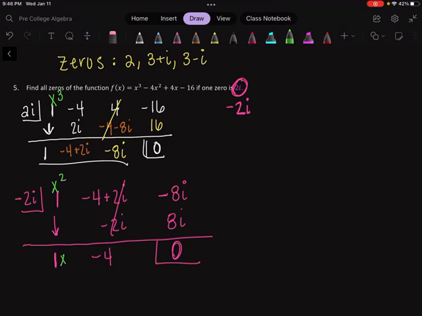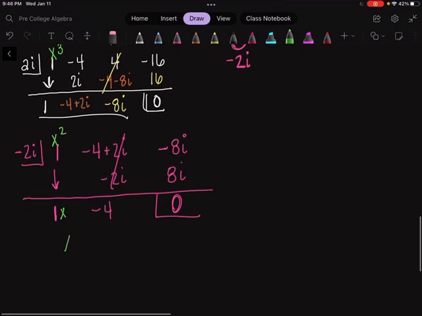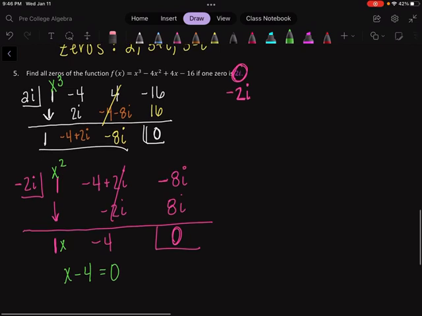So this is now x to the first. And look at that. That's x minus 4 is equal to 0. So then my other zero would be positive 4. So my zeros are 4, 2i, negative 2i. And that is it.